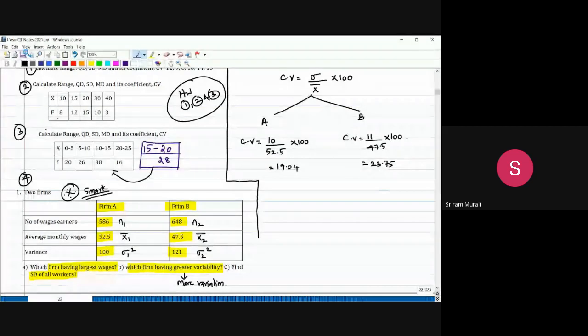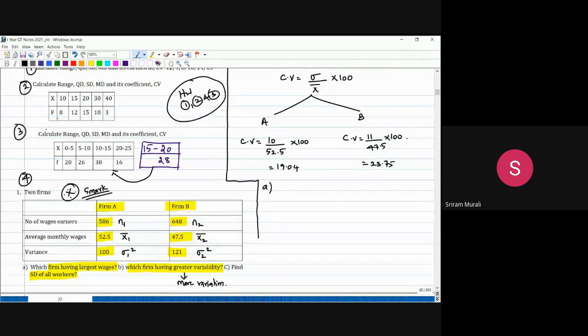Have you understood this? Yes, sir. Now I should answer subdivision A. Which firm has the largest wages?